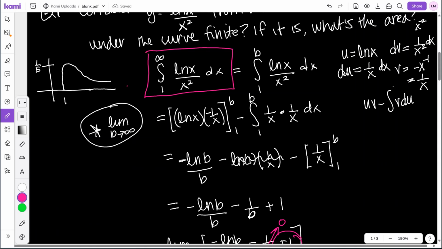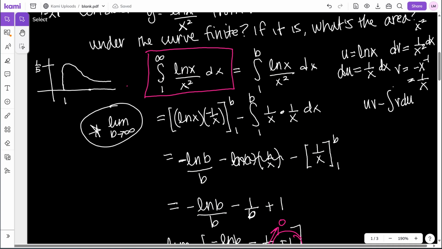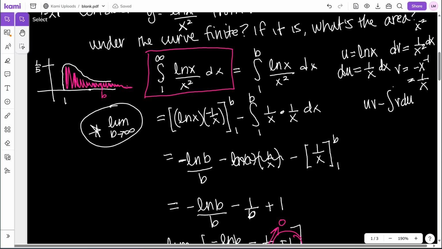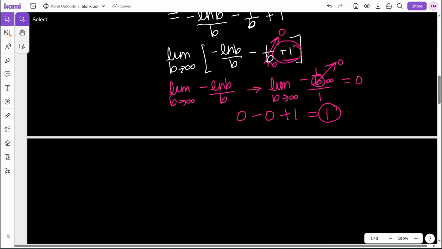So as I look at this area under the curve, we found it to b, and then we looked at the limit as b goes to infinity. As I keep going, this gets smaller and smaller until it doesn't really matter what I'm adding anymore. So it's converging to 1. That's the value of that area.